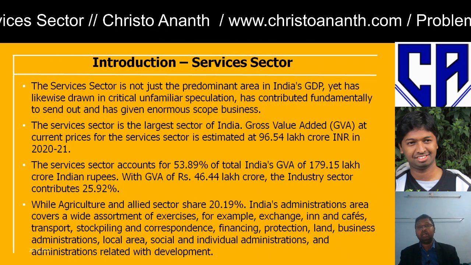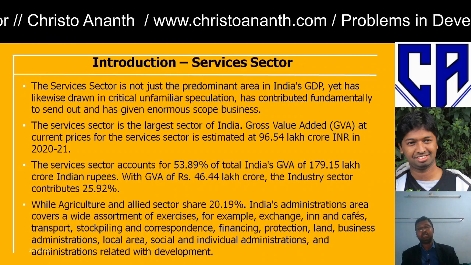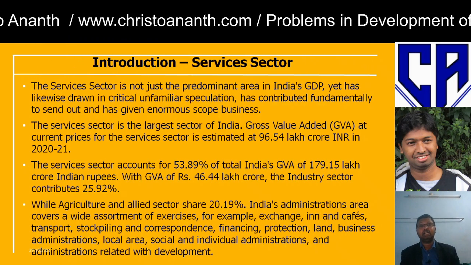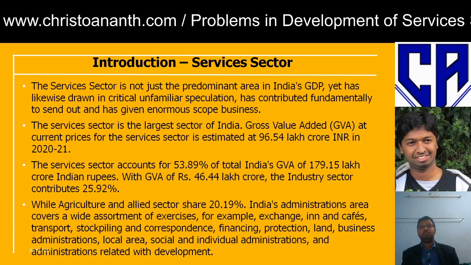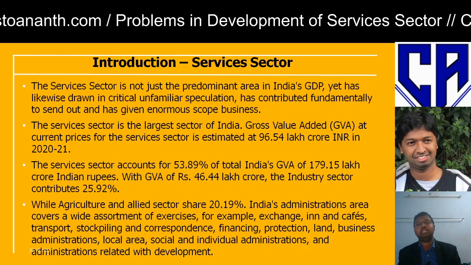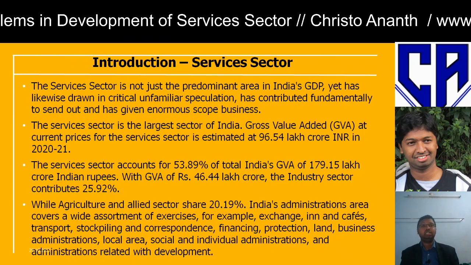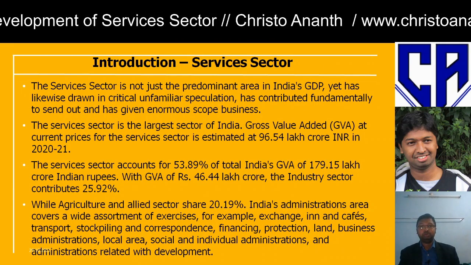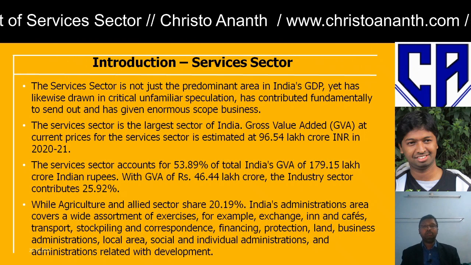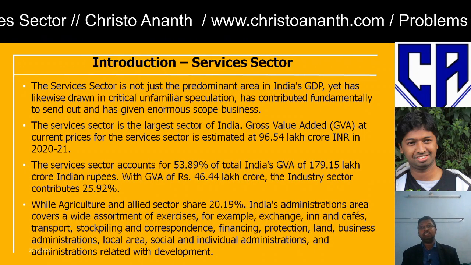When we talk about the services sector, GVA at current prices for the services sector is estimated at around 96.54 lakh crore Indian rupees in the financial year 2020 to 2021.